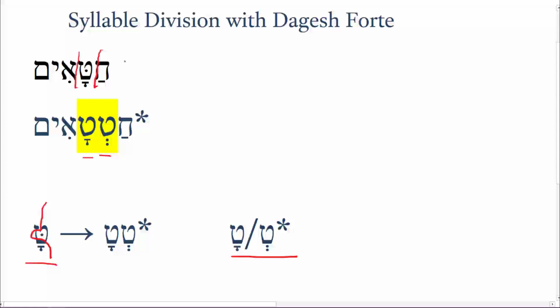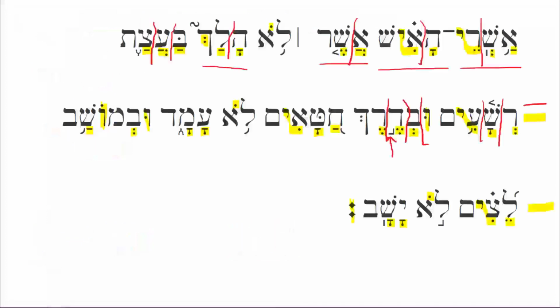Okay, let's come back now. So I'm back here looking at my word chataim, and so the chet and the patach, now I see the dagesh forte, and so I'd like to do this, but for simplicity's sake I'll just divide before the letter, and then notice the aleph has its own vowel, so I'll divide before that, and then I'm done with that word.